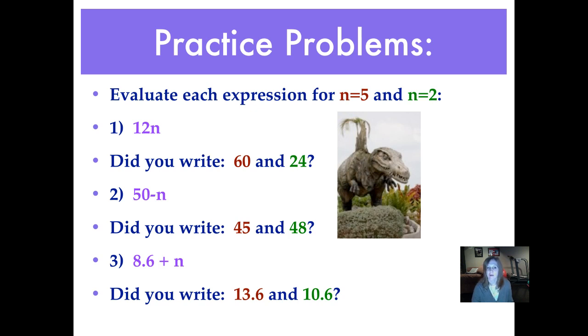We don't have any decimal numbers with our 5 or our 2, so we can just add the whole numbers and then add our decimal. 8 plus 5 is 13, and we still have 6/10. Then when we add 8 and 6/10 plus 2, we add 8 plus 2 and get 10, and then just add our 6/10 to it. That wasn't hard at all, was it? Let's keep going.